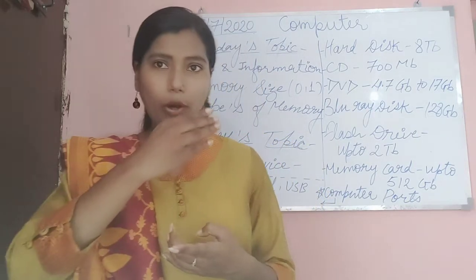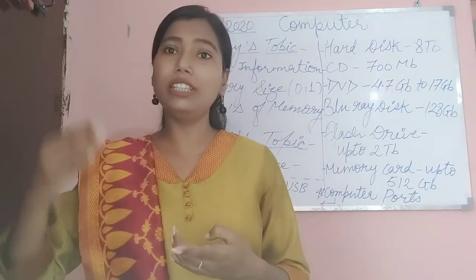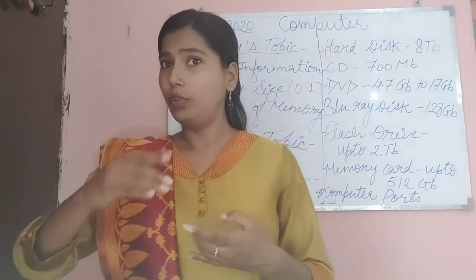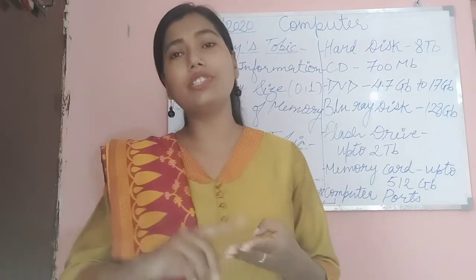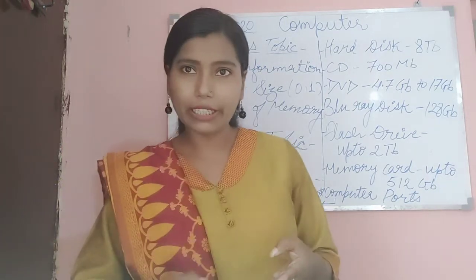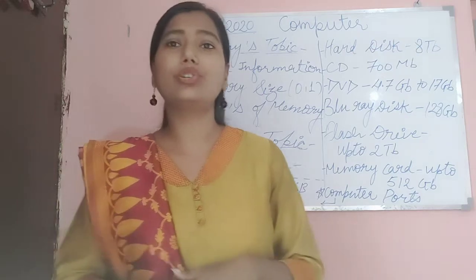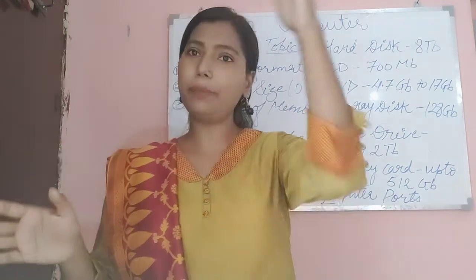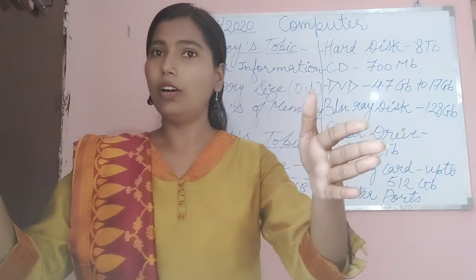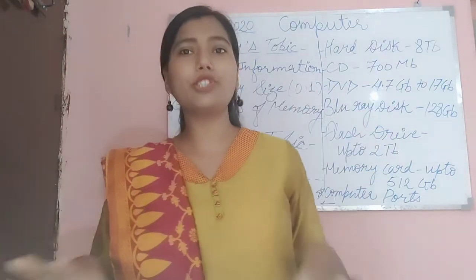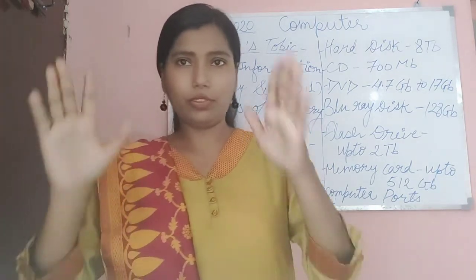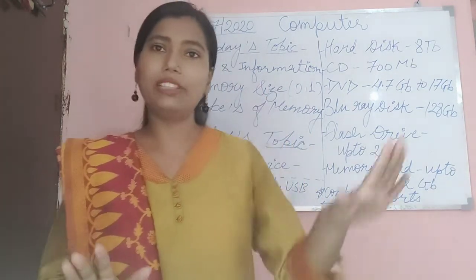Roll number, class, section, name, all these are your data, and the report card is your information. On the report card you have all the information about your subjects and your marks. I hope it is clear about data and information.